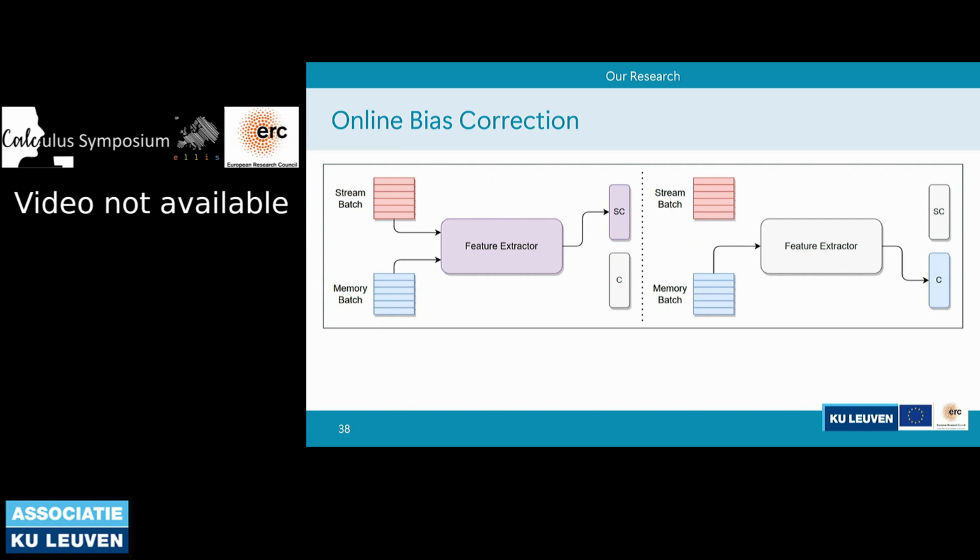So on the left, the first training step trains the feature extractor exactly as in experience replay, and in order to do that, we use a surrogate classifier to do the experience replay, because we need to have a layer where predictions come out so that we can use backpropagation to train the feature extractor.